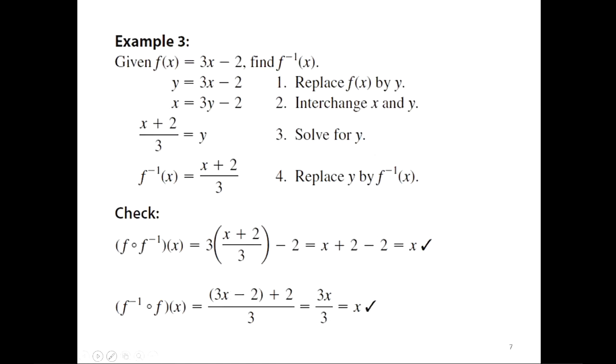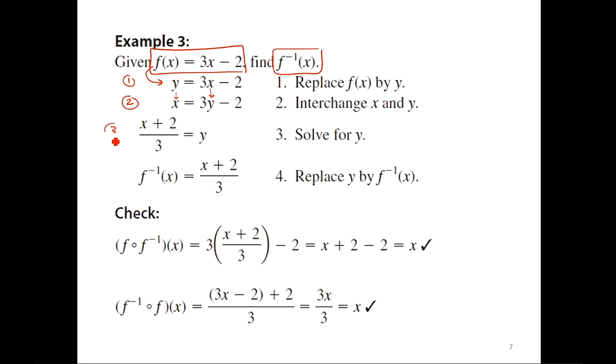Look at this. This is f of x, and we need to find the inverse. Firstly, replace f with y. So remove f, put y. This is the first step. The second step, replace: if we have y, put x, and if we have x, put y. Okay, this is the second step.